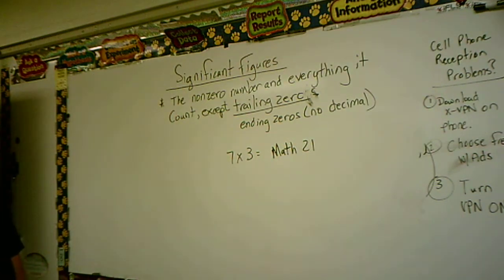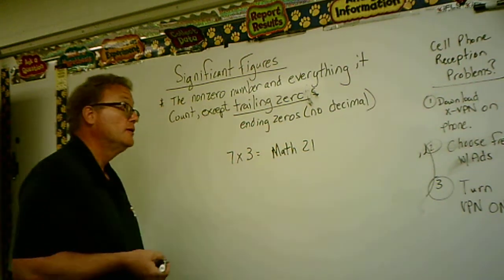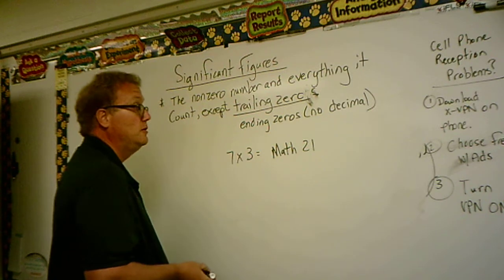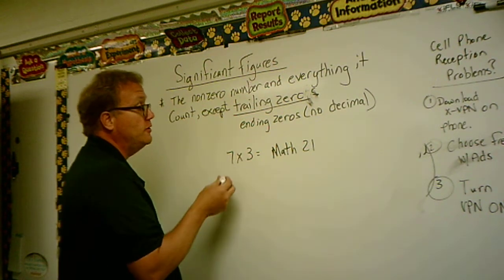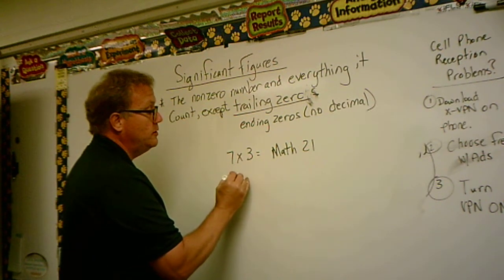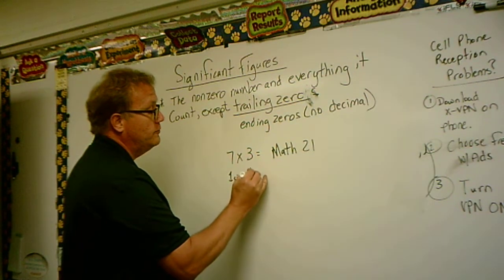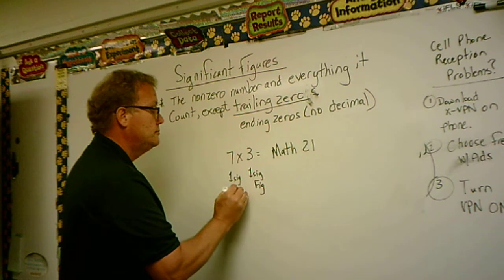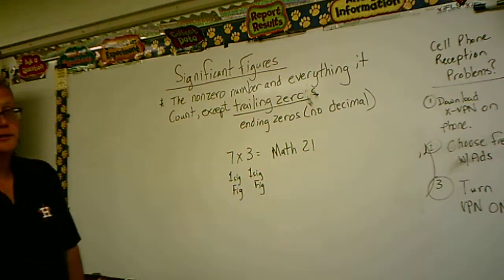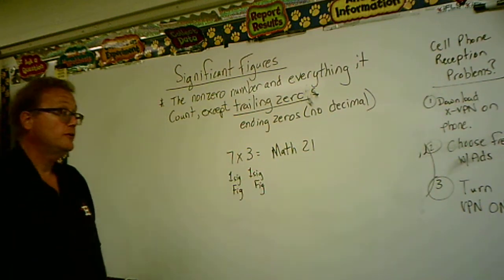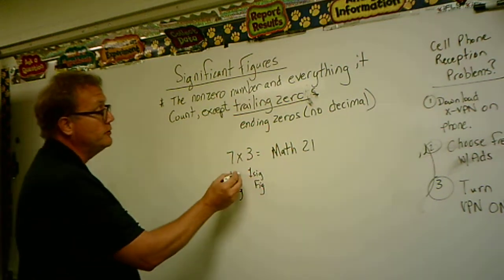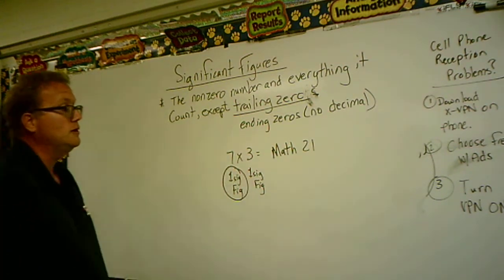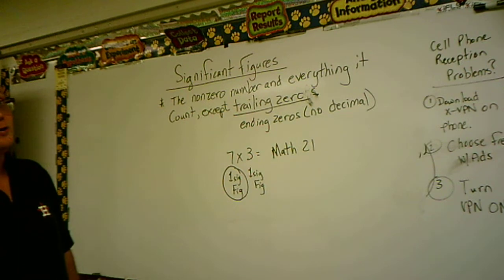In chemistry, that doesn't work because we want our numbers to be very specific. These are kind of general. So if I'm counting my sig figs here, I've got 1 sig fig here and 1 sig fig here. The rule of thumb as far as chemistry is you round to your lowest number of significant figures, which is going to be 1 or 1.